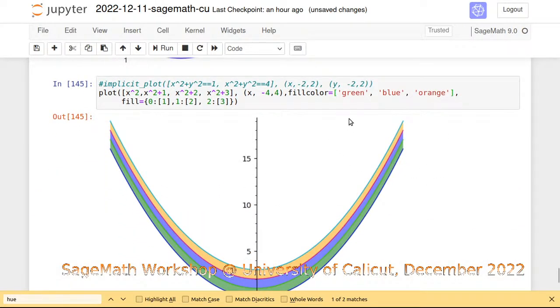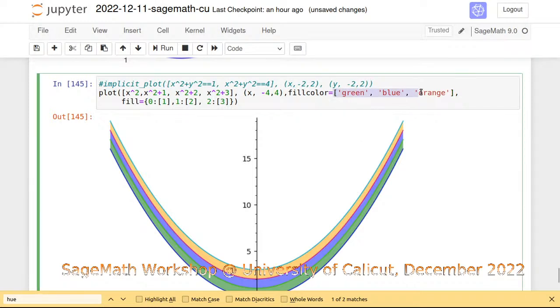Yes. So if you want to give different colors, you need to specify it in the list. Now the filling is happening from the 0th curve to the first curve. So if you put 0 to 1, 2, what will happen? There also we can experiment.